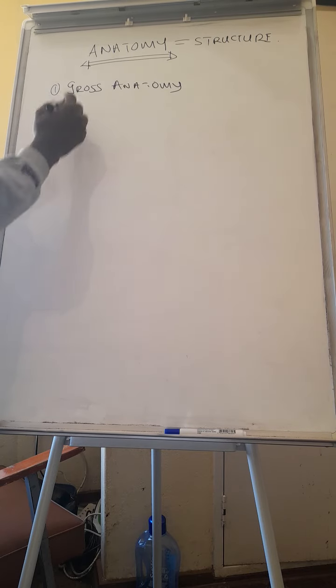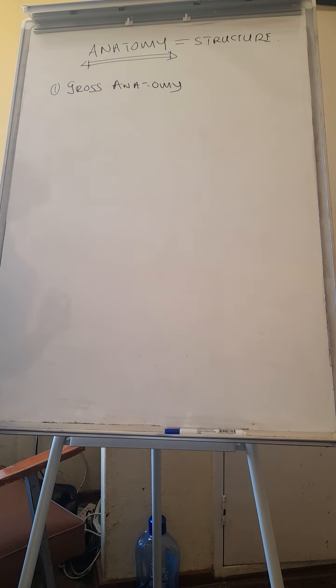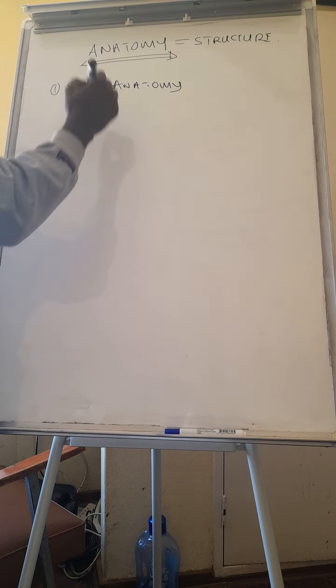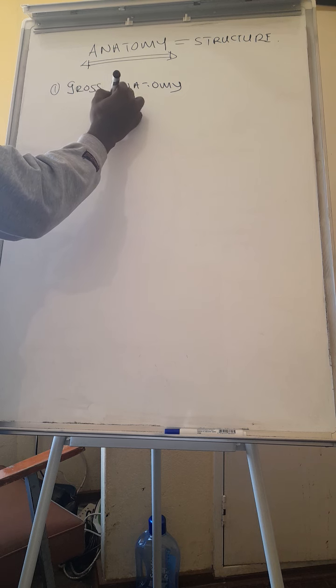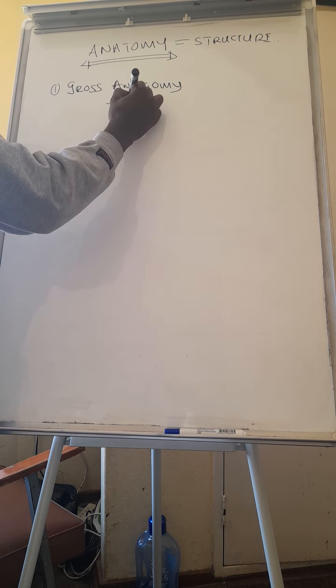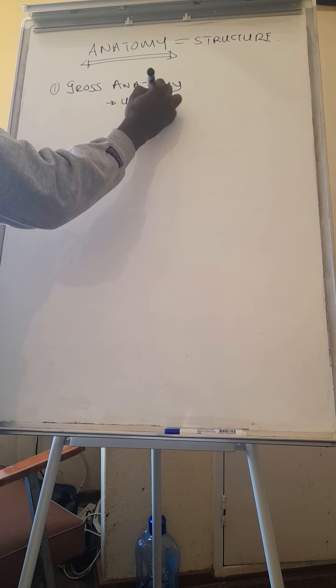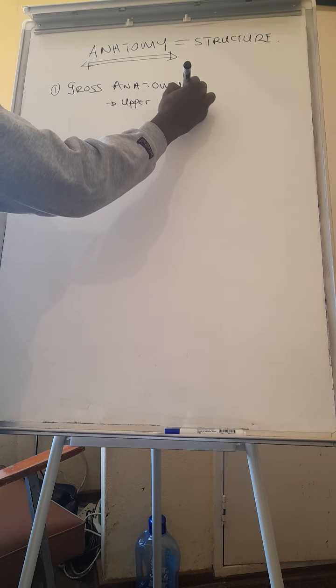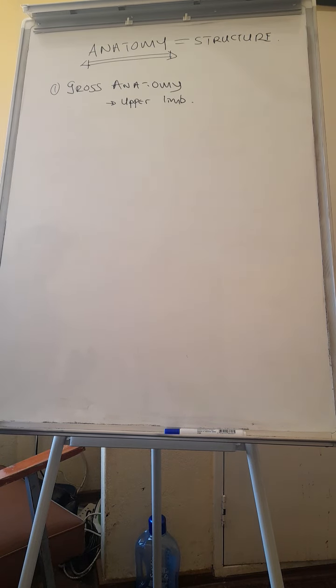Then this gross anatomy is subdivided into regions. So the human body is divided into the following regions. The first one is the upper limb. Here we're studying the shoulder, the arms and the hands.